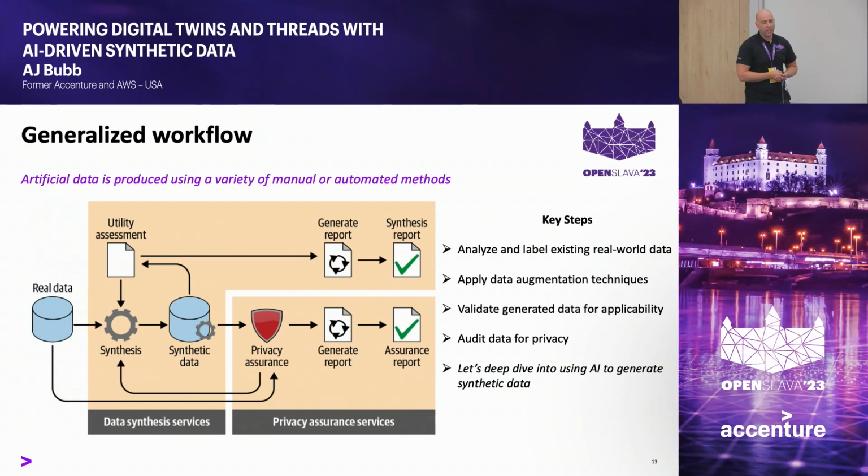The other thing that you need to do is assess that data and make sure that none of your original data has leaked through, especially if you're dealing with healthcare data, right? You don't want any real names to come through associated with real symptoms. You need to be really careful about that.